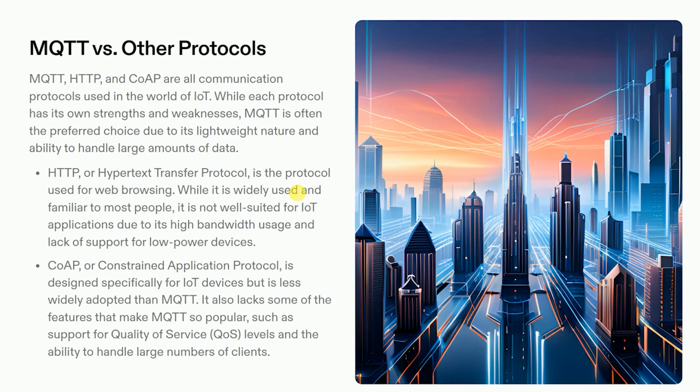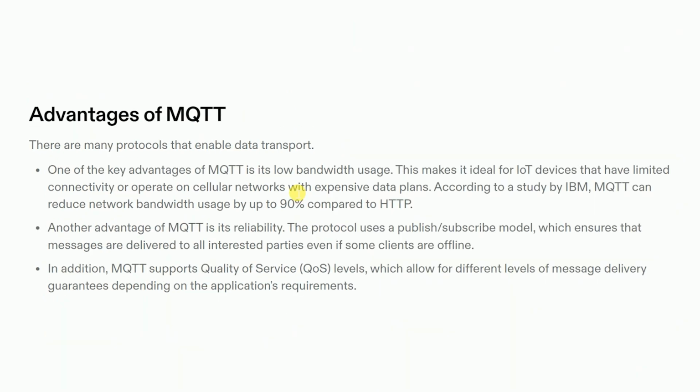One of those features is quality of service, where you can decide that this data is important to me and I need this data irrespective of the network infrastructure. You define the priority and importance of the data through quality of service, and then you can communicate reliably. That's the reason MQTT is widely used all around.